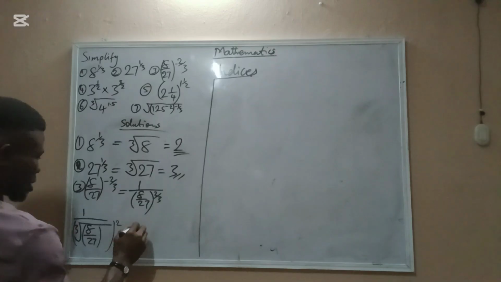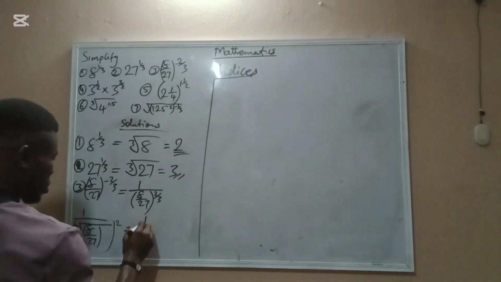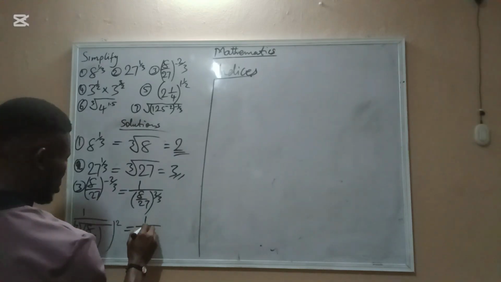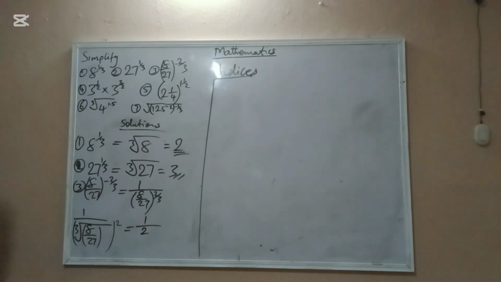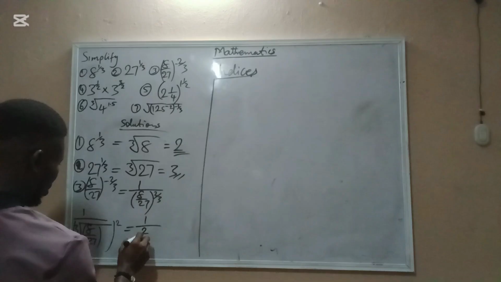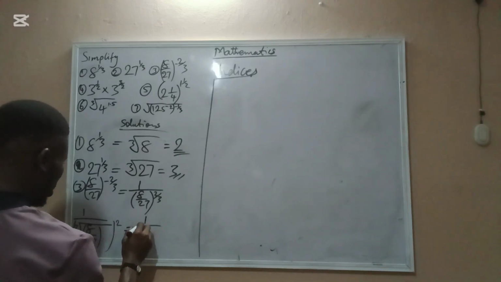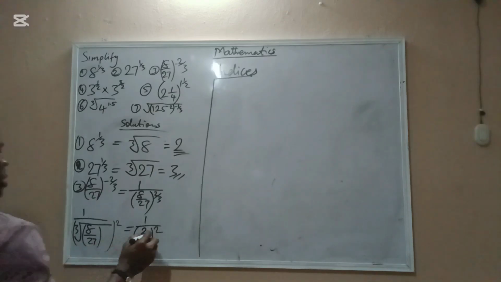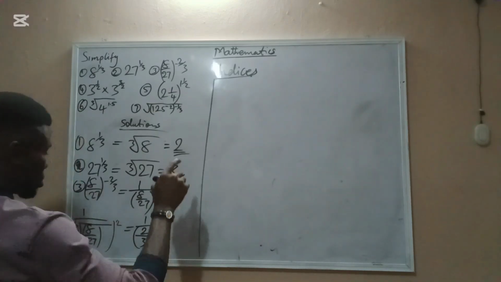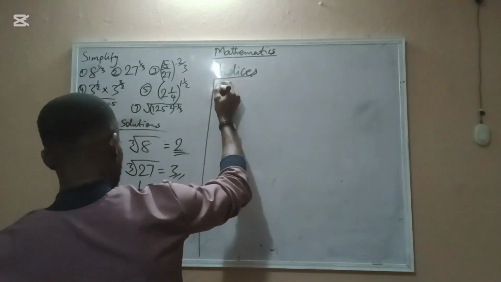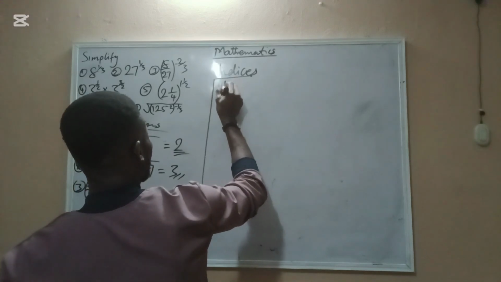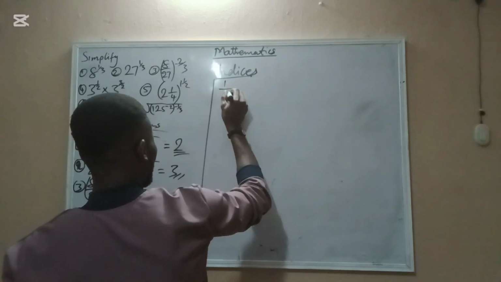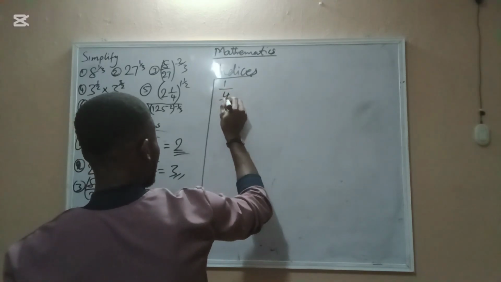And this is the same thing as 1 over the cube root of 8 is 2, and the cube root of 27 is 3, over 3. And all of them raised to the power what? 2. And this is the same thing as 1 over 2 times 2 is 4. 1 over 4, 3 times 3 is what?